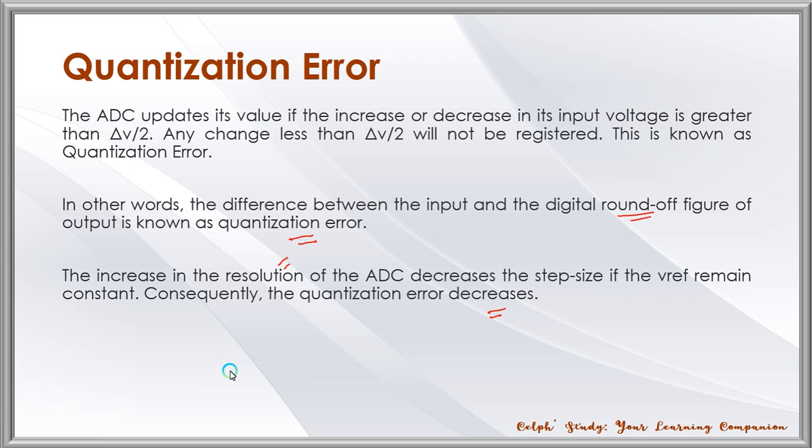Next one, quantization error. In the process of quantization, ginahimo naton is the conversion into its digital format. So the ADC updates its value if the increase or decrease in its input voltage is greater than delta V over 2. So in other words, the difference between the input and digital round-off figure of the output is known as the quantization error.